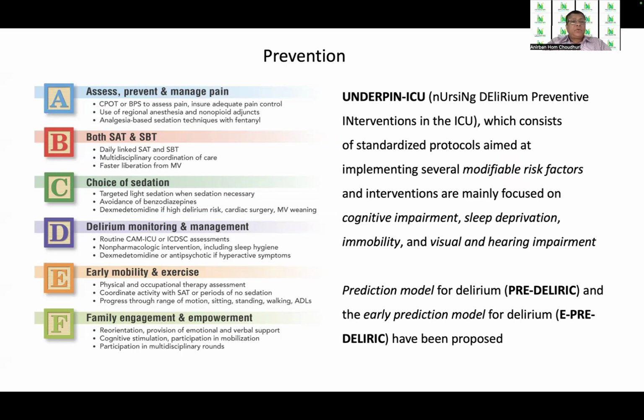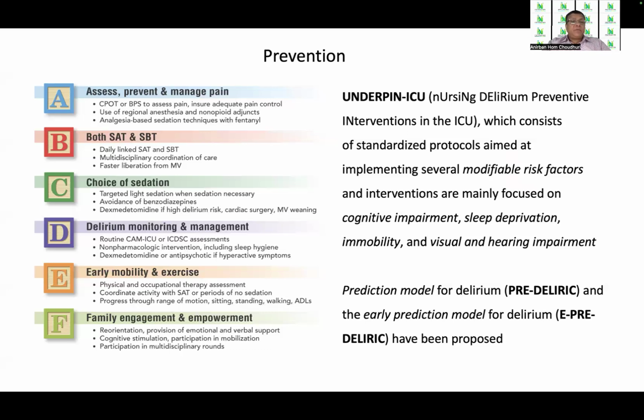B stands for both SAT and SBT, the spontaneous awakening and breathing trials, multidisciplinary coordination of care, and faster liberation from mechanical ventilation. C stands for choice of sedation, that is, targeted light sedation when sedation is necessary, avoidance of benzodiazepines when they are not required, and dexmedetomidine if high delirium risk, and cardiac surgery, etc.